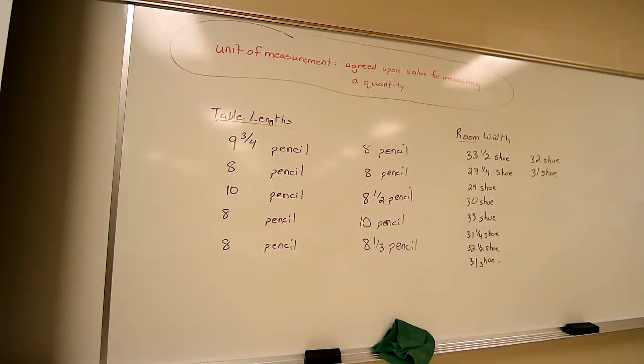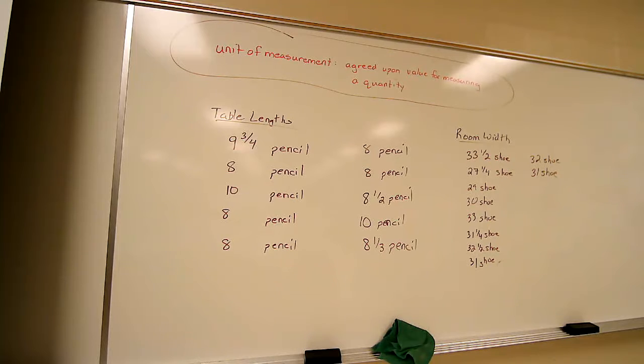But when you were measuring the length of your table in pencils, when you were measuring the width of the room in shoes, we did not have one single agreed upon value for what that quantity was. There is no one single shoe length that we were using, was there?